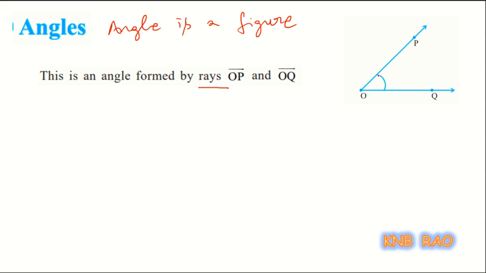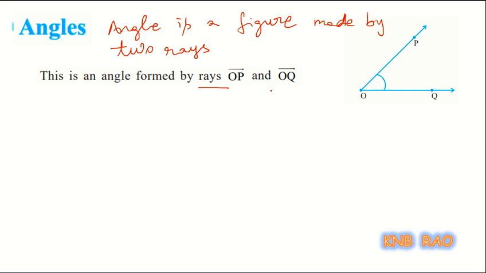So this is an angle made up of rays. So I will say the definition of an angle like this: angle is a figure made by two rays.